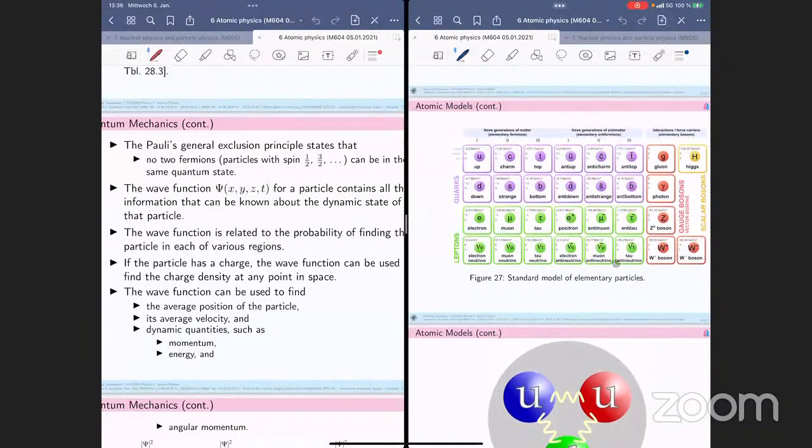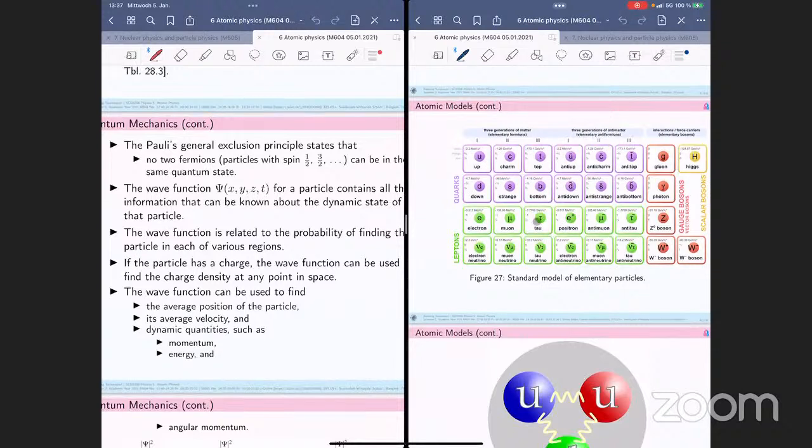Here are the fermions. Fermion comes from the surname of Enrico Fermi. Boson comes from the surname of an Indian physicist, Bose. The Pauli exclusion principle is valid for fermions, both the violet and green portions here.